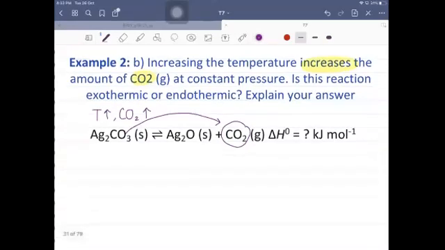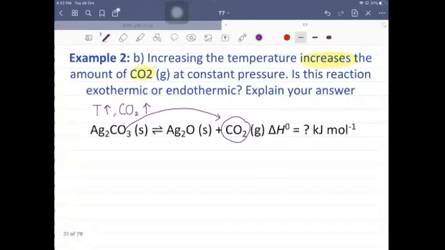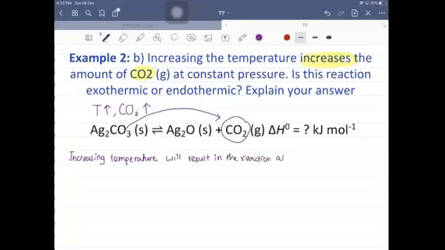So how do we explain this? Increasing temperature will result in the reaction absorbing this heat and caused a shift to the right, which is the product side.